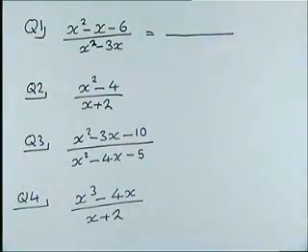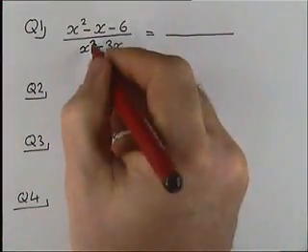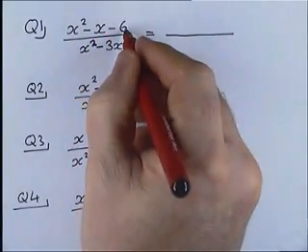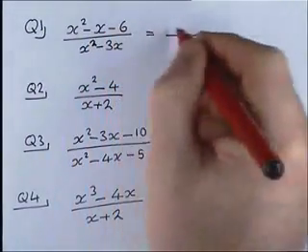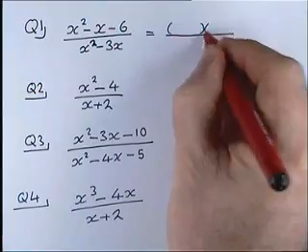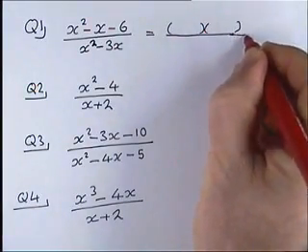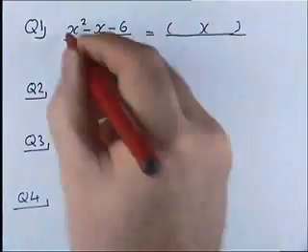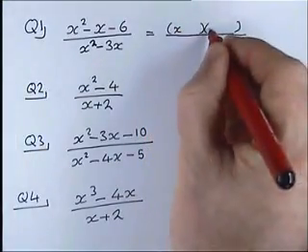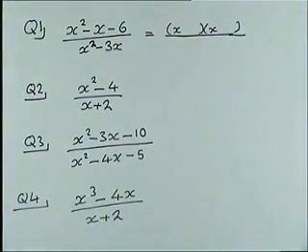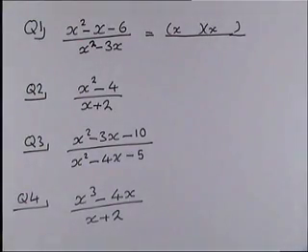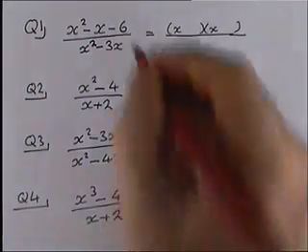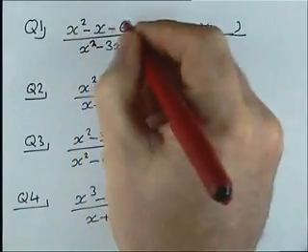Let's start with factorising that numerator. Well, x squared minus x minus 6, it's going to be a quadratic. So we know it's a double bracket. And x times x will give us the x squared, so it's going to be x and x. Now we're looking for two numbers that multiply together to give negative 6, but add together to give negative 1.